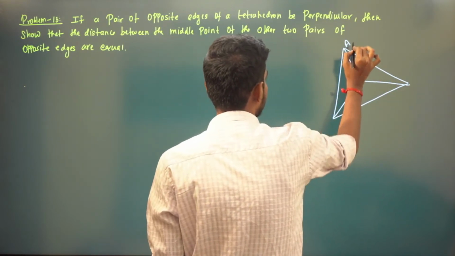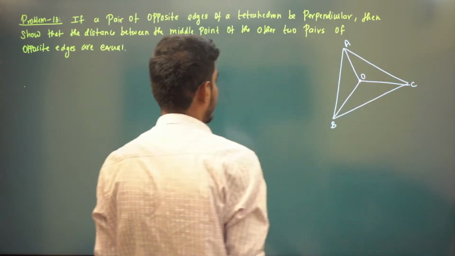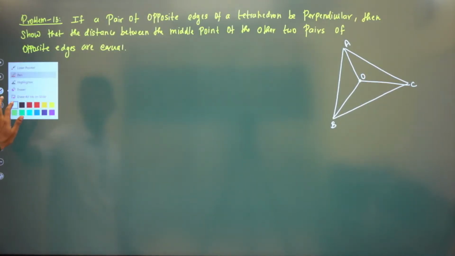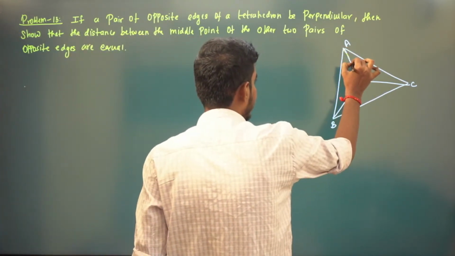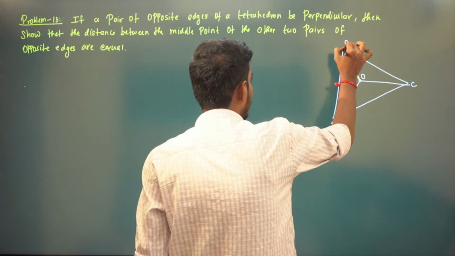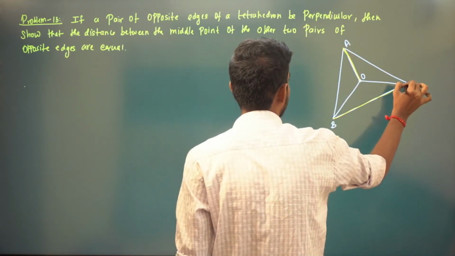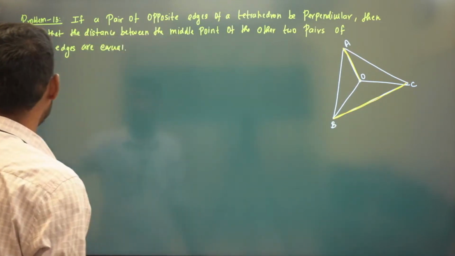This is our A, this is our B, this is our C. This is our origin. I'm taking one of the pair to be OA, BC, right?